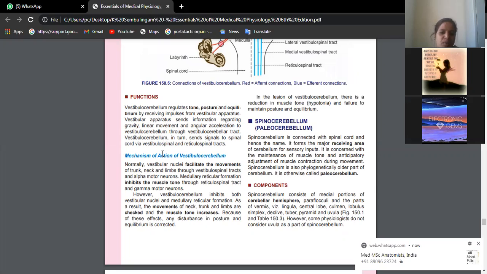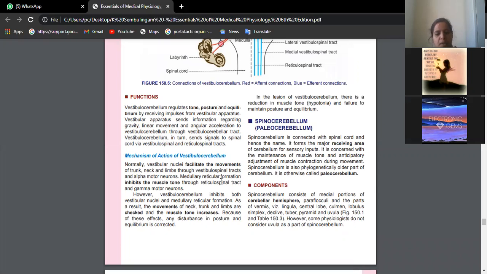These are general, very simple information, like muscle tone and movements, all checked by these connections with the vestibular apparatus, the vestibulocerebellar and cerebellovestibular connections. Then comes the spinocerebellum. Spino means it has connection from the spinal cord. It is the major receiving area of the cerebellum for sensory inputs.